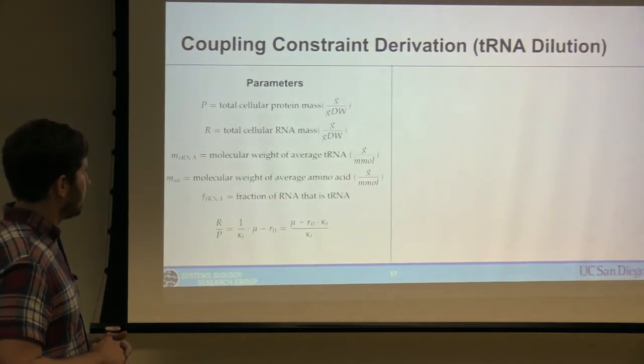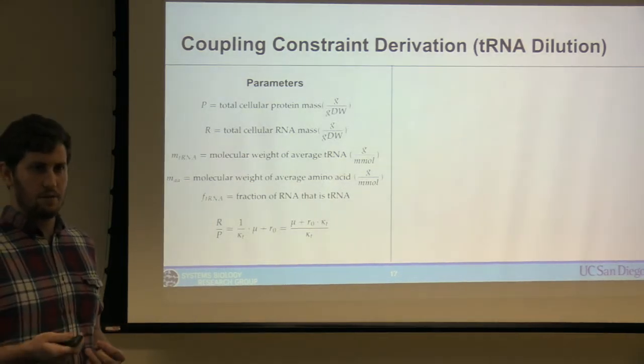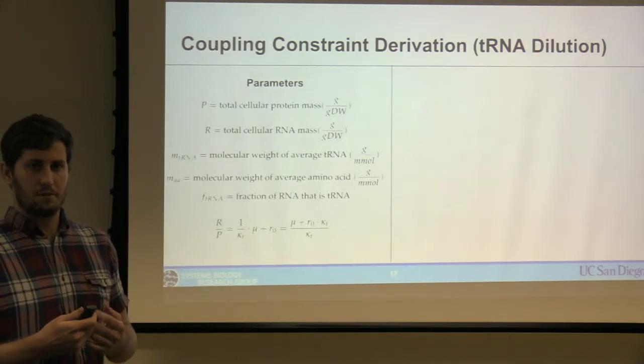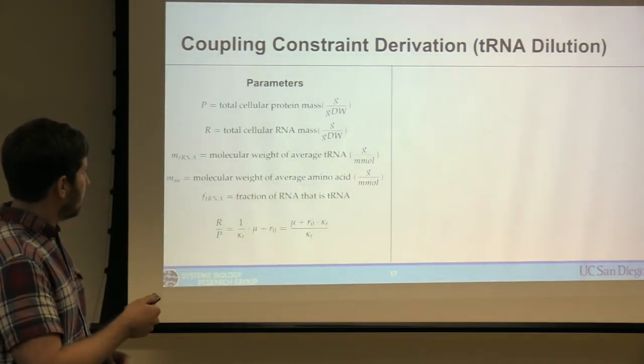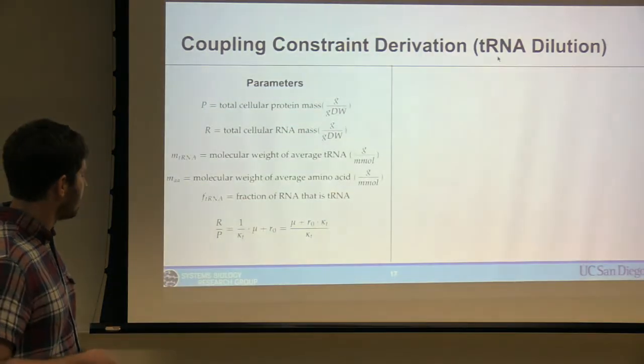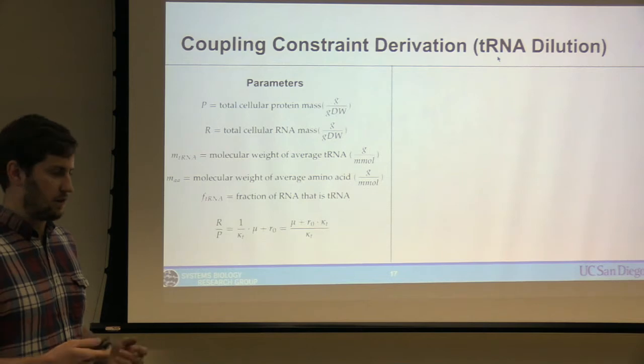in this example. So just as one example of how we would do a transcription to translation coupling coefficient derivation, we're going to do that here for tRNA specifically. This is just one example, but they pretty much all follow the same general approach.